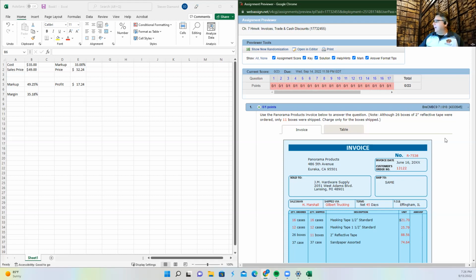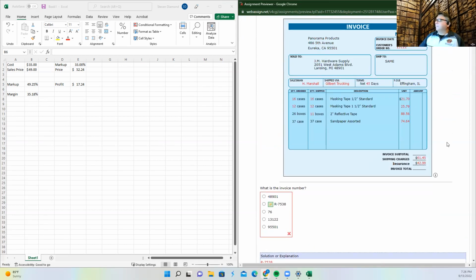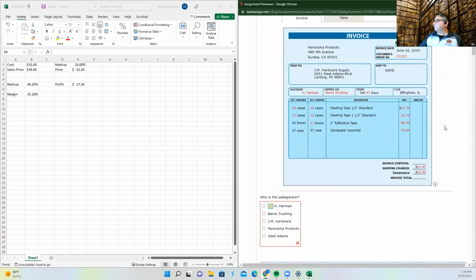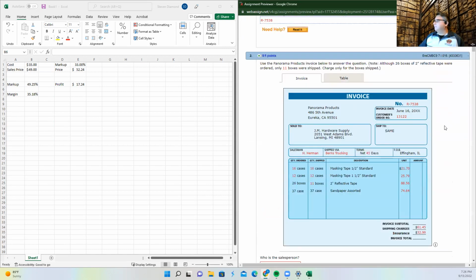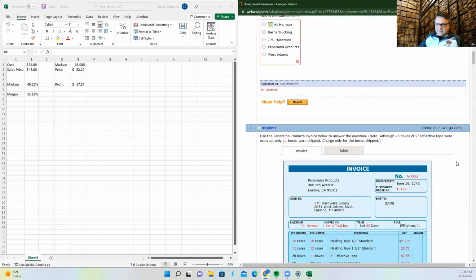Okay. These first few problems are looking at what is the invoice number? What's the next question? Who's the salesperson? So just how to identify things on an invoice. Those should be easy.